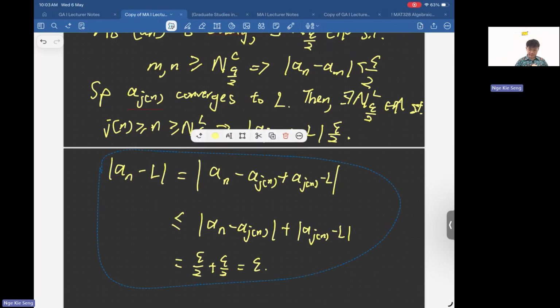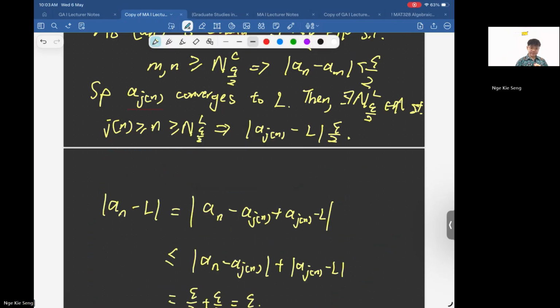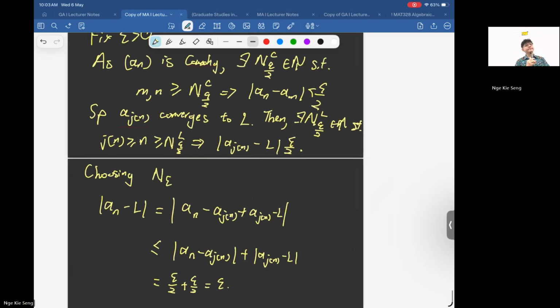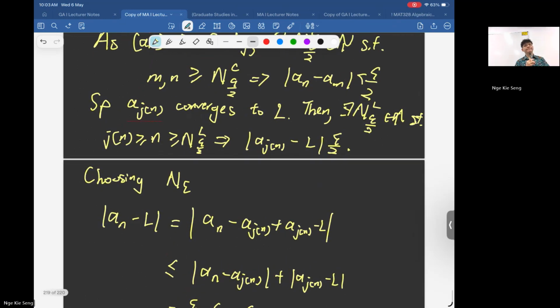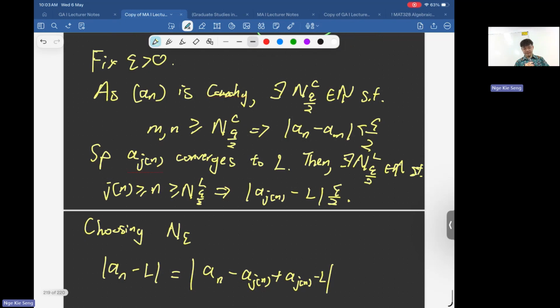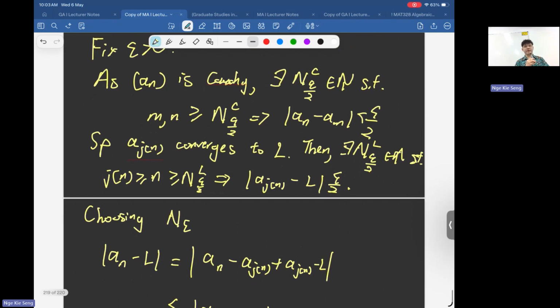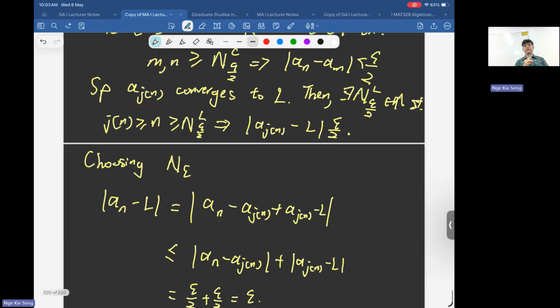So there are two N here, right? Which N do you pick for this convergence here? N_L or N_C, the Cauchy N or the limit N? Which one do you need to make sure both are less than epsilon over 2?